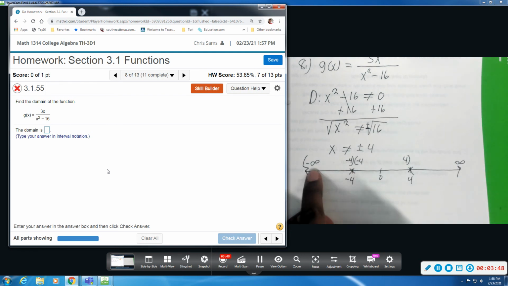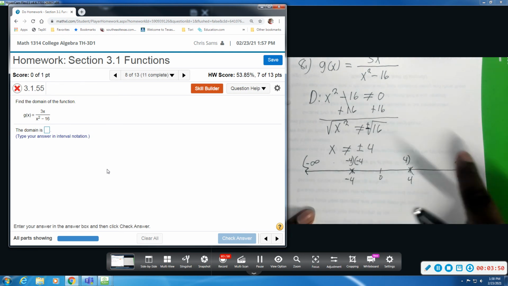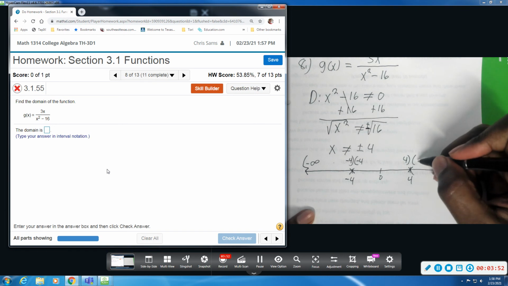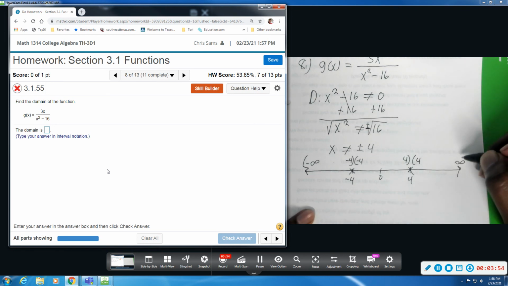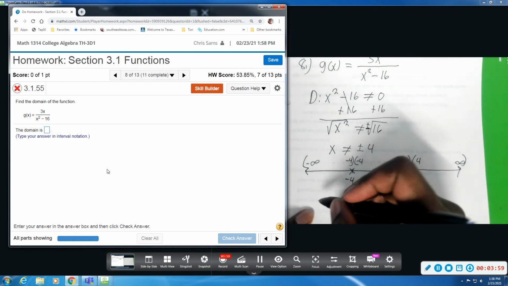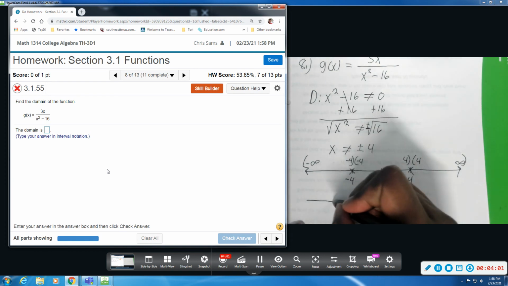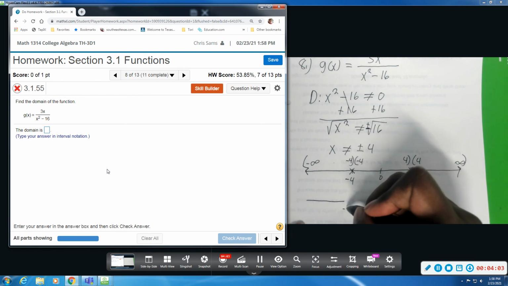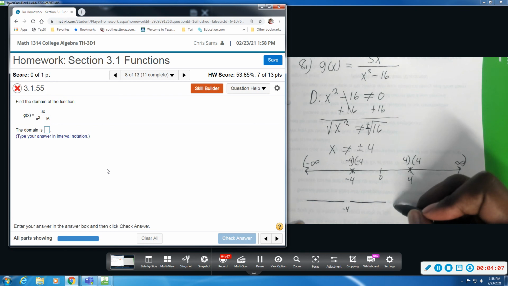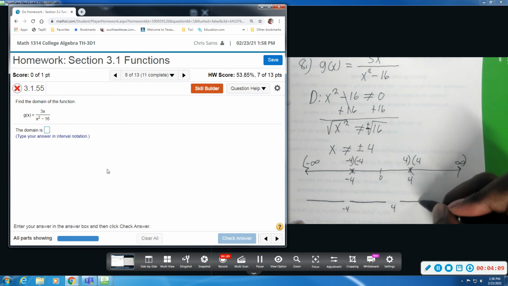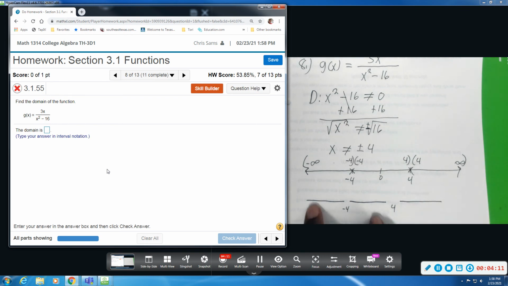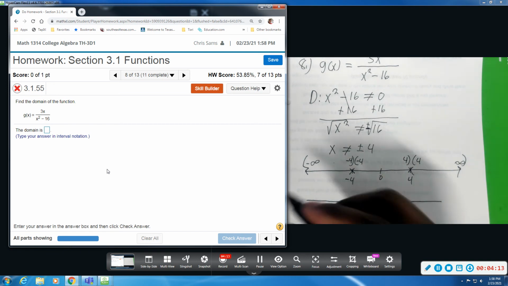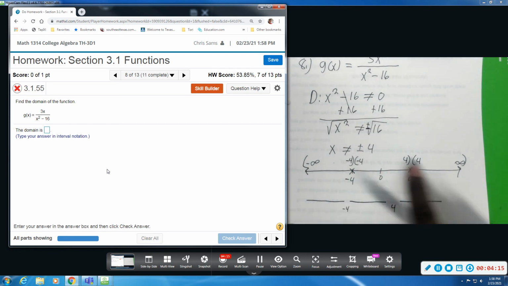So this is one section, this is another section, and then we jump to the other side, we have 4 to infinity. It's like taking your number line and breaking it into sections, because negative 4 is gone, and then you have this section, and then 4 is gone. And so your number line is broken into 3 strips, and you have to identify those sections, and this is how you do so.